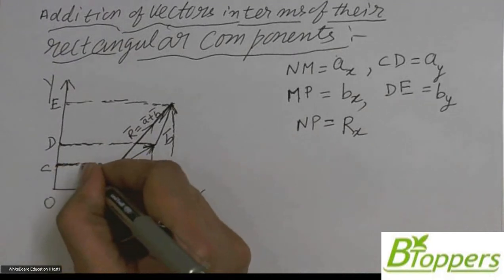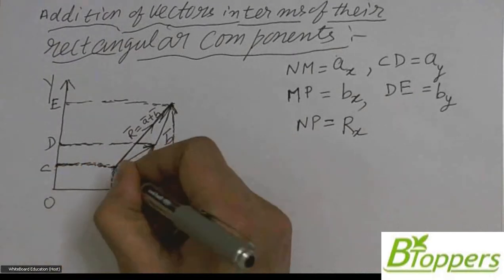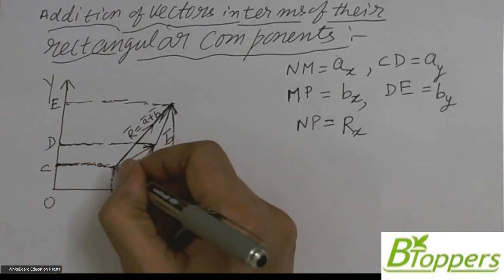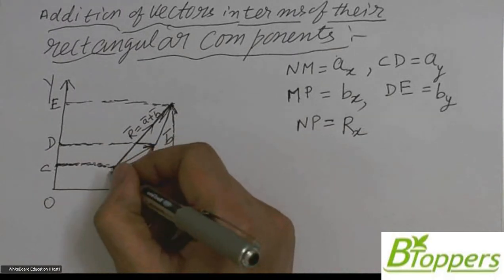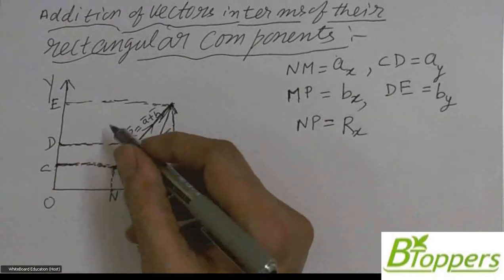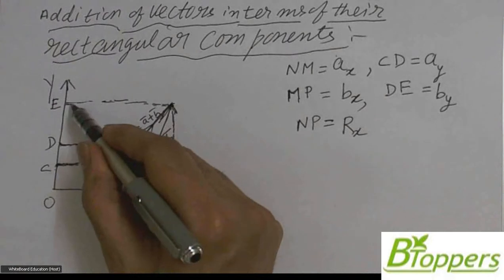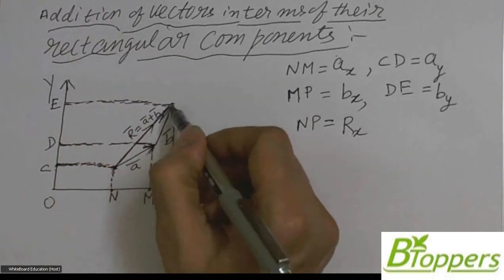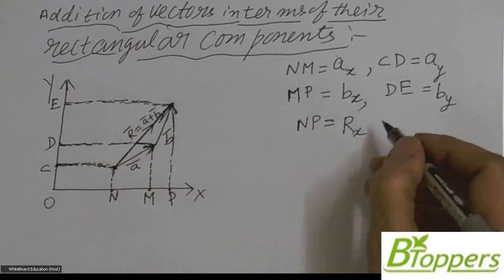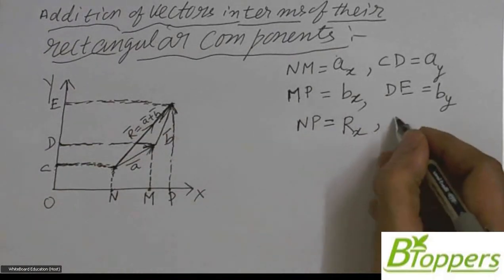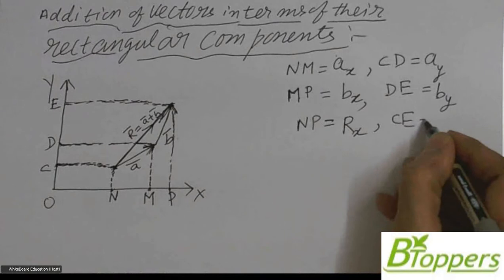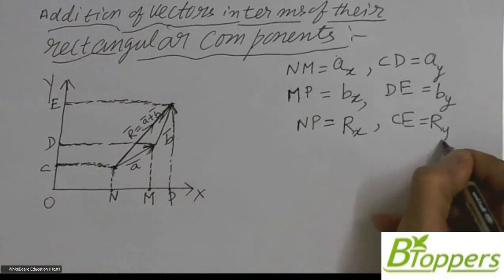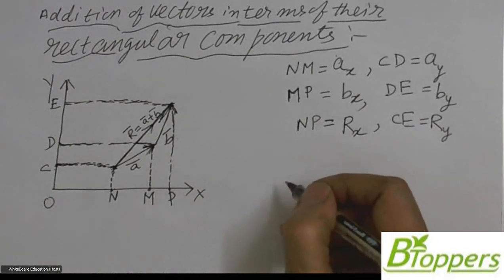That means C is the foot of the perpendicular dropped from the tails of the vectors A bar and R bar on y-axis. Similarly, E is the foot of the perpendicular dropped from the head of the resultant vector on y-axis. So the length of the line CE gives you Ry, the y component of the resultant vector.